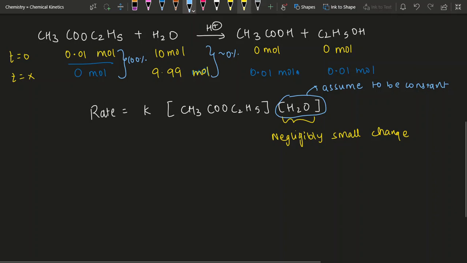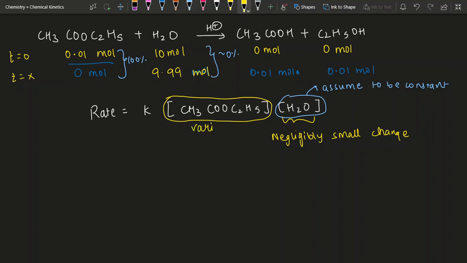So in this case, what you can do is write all the constant terms together. The concentration of CH3COOC2H5, ethyl acetate, is a variable that changes significantly. However, these two terms, k and the concentration of H2O, are both constants, so you can club them together.